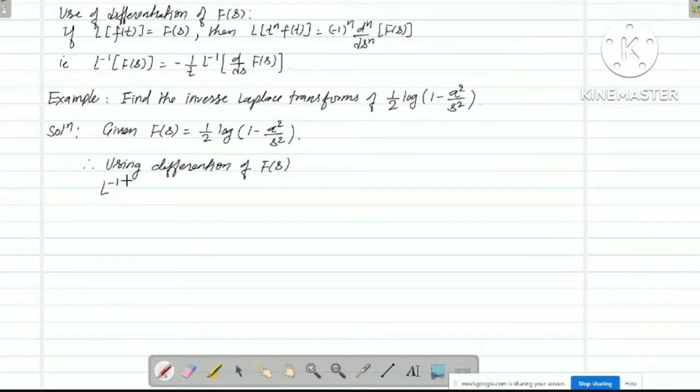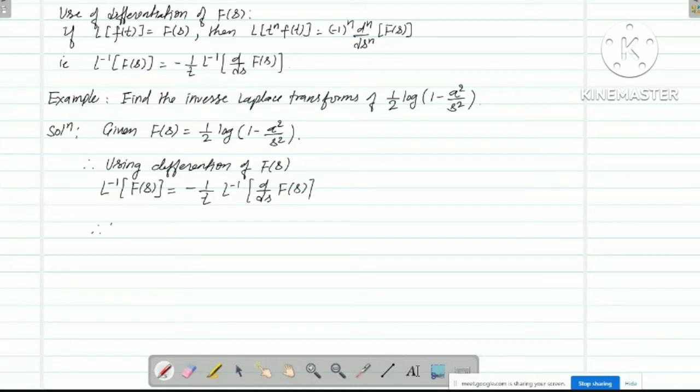Therefore L inverse of the function f of s, your f of s is given to you, that is 1 upon 2 log of 1 minus a square by s square. We first write down the formula: L inverse f of s is equal to negative of 1 by t L inverse d by ds f of s. Okay, now substitute f of s in the formula.